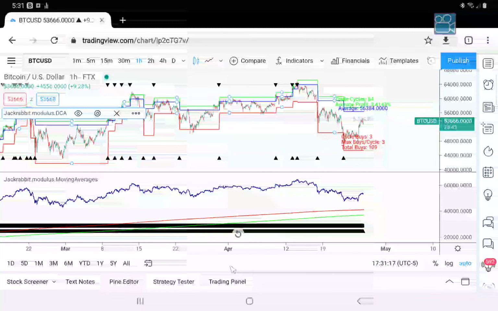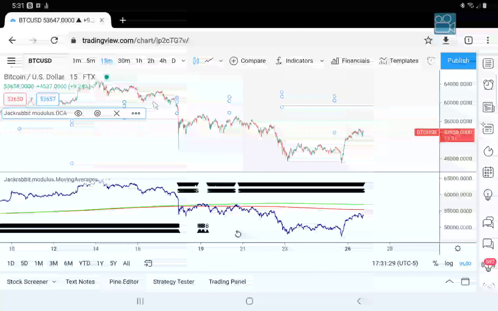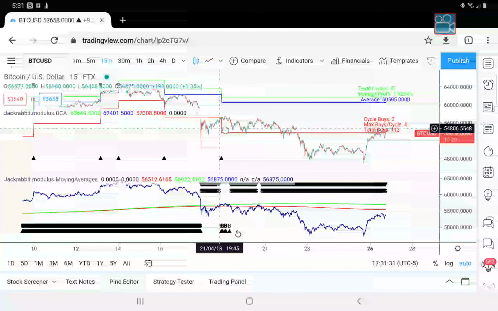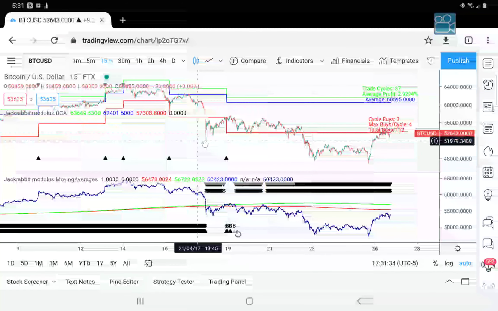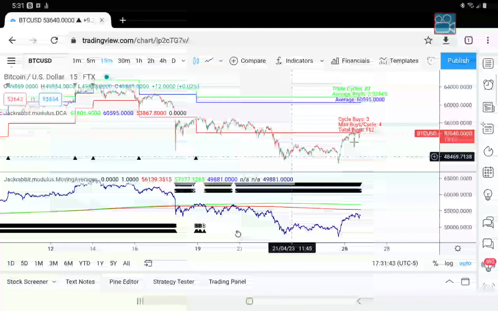Now, this doesn't really show this drop very well here. It shows it, but not significantly. Let's move down to a lower time frame where this drop is accentuated much more significantly. And as you can see, this simple approach rides it out quite generously. And it only takes on 4 positions and still does well with its trade cycles.